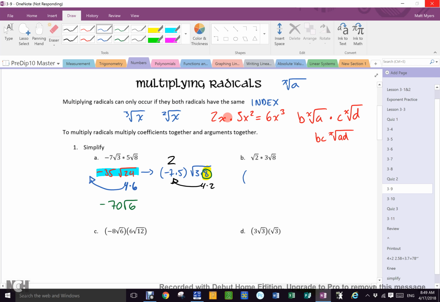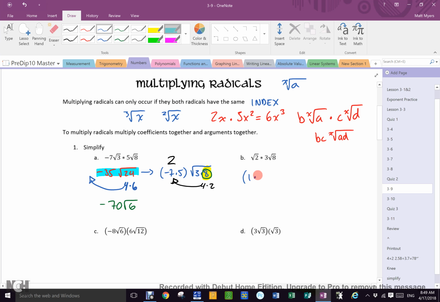It would be 1 times 3, and what would be the radicand? 8 times 2, right? Which would be 3 root 16. Would we stop there? Of course not, because what is the root of 16? 4. So what would come out? 4, and what's already out there? So what do I get? 12. Anything left in the radicand? No, so it's done. Everybody good?